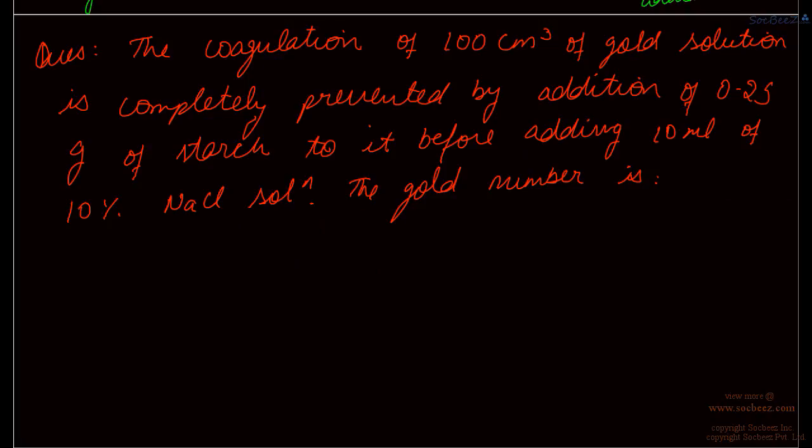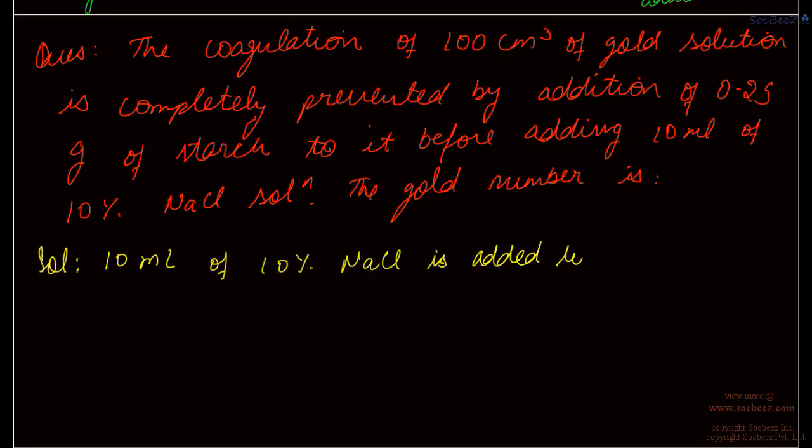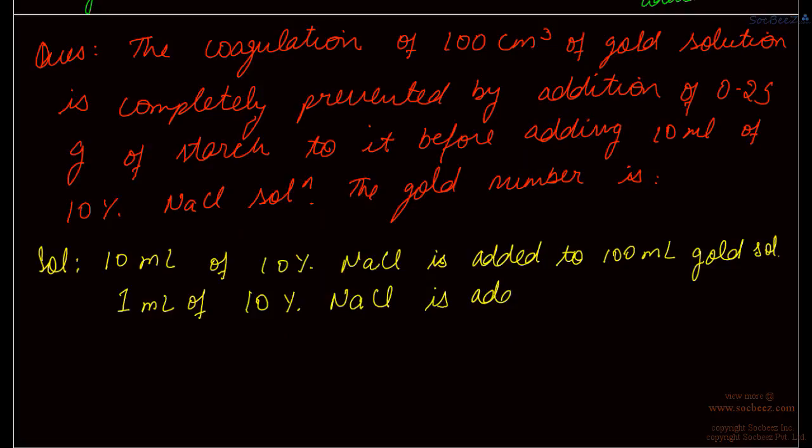In other words, 1 ml of 10% NaCl is added to 10 ml of gold salt.